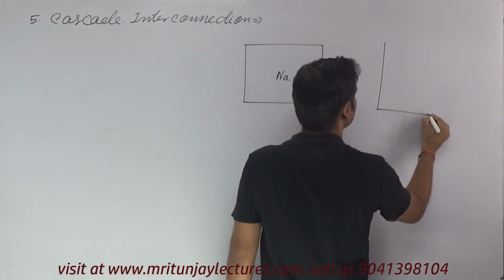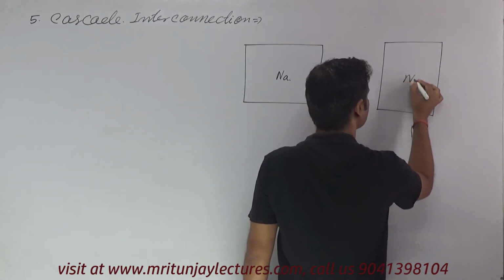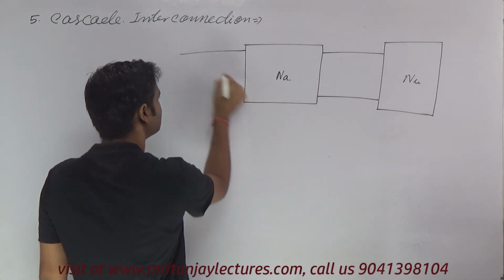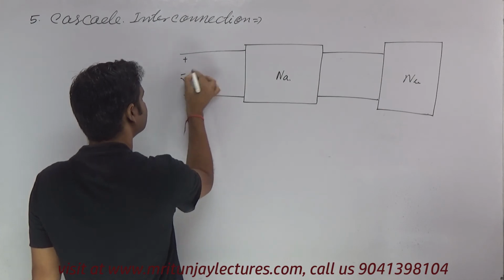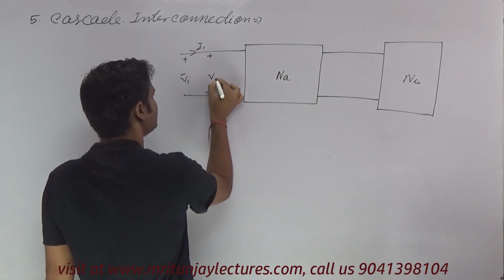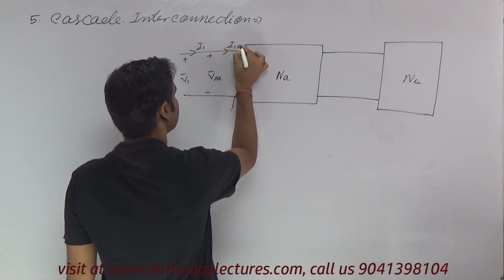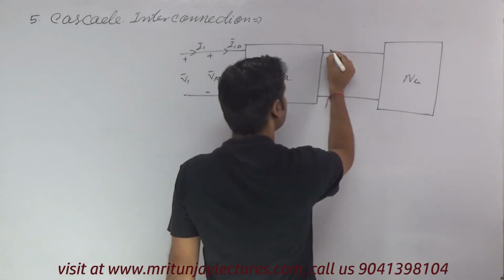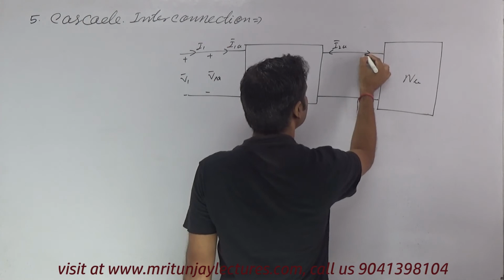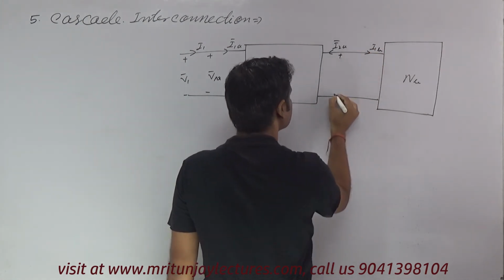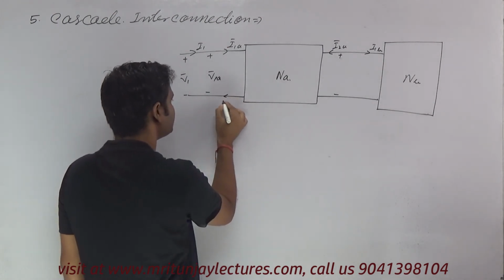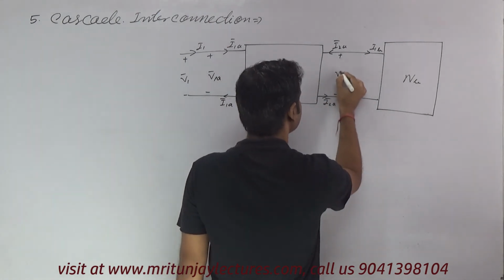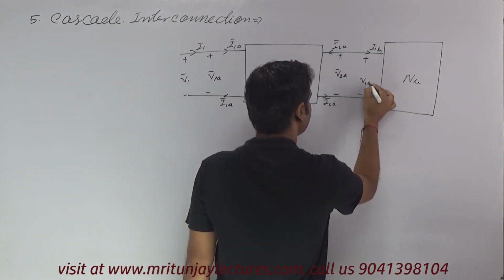Now next one, that is network NB. There are two networks. If connected like this, okay, that is V1 I1, that is V1A I1A. Okay, clear or not? And here I2A, here I1B, corresponding to this one, that is I1A, and that is I2A, that is V2A, that is V1A, V1B.